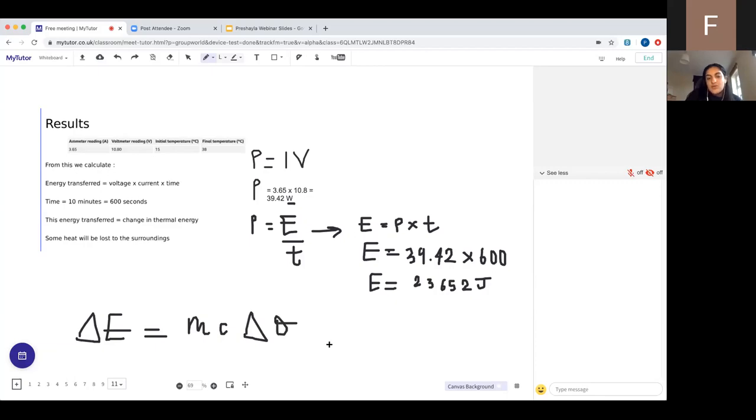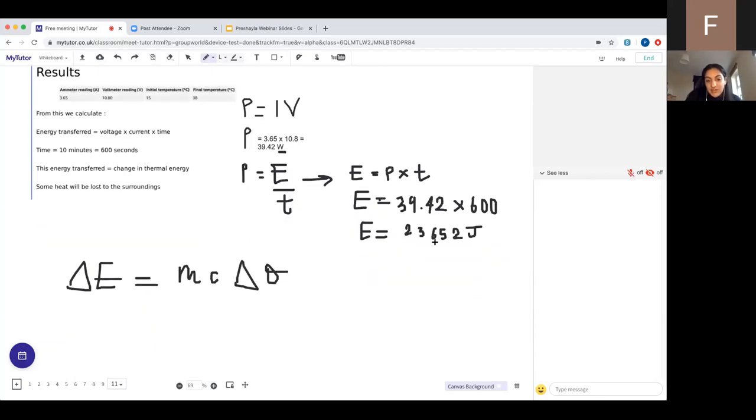So this energy is the change in thermal energy, which now gets put into this equation so that we can find the specific heat capacity, given the change in temperature and the mass of the block.